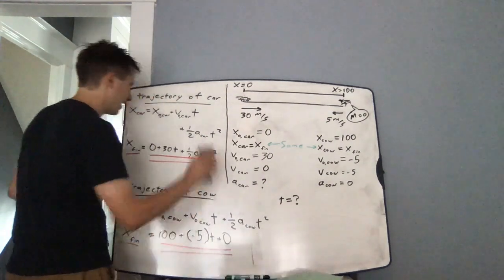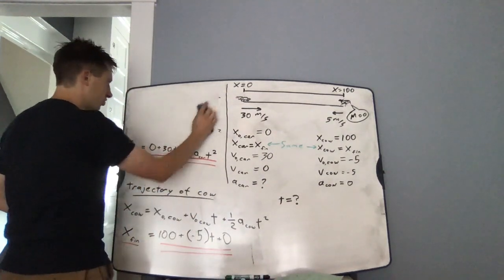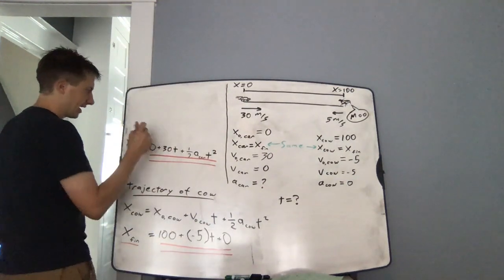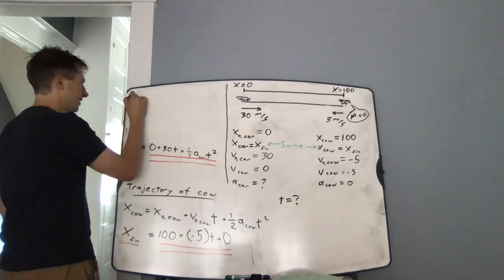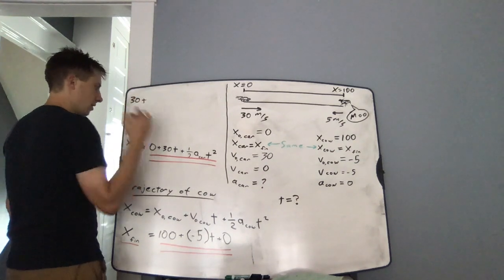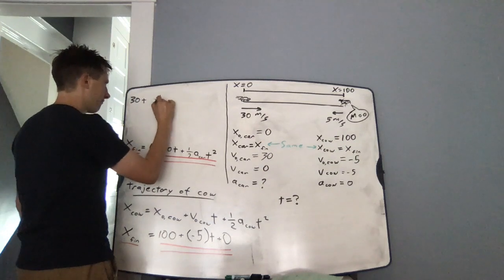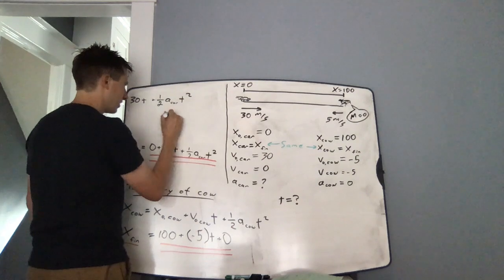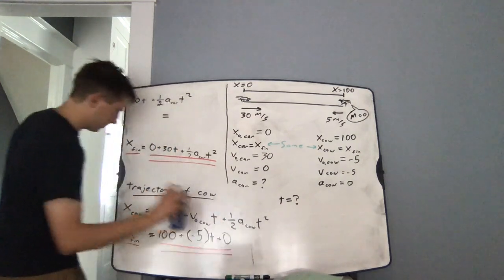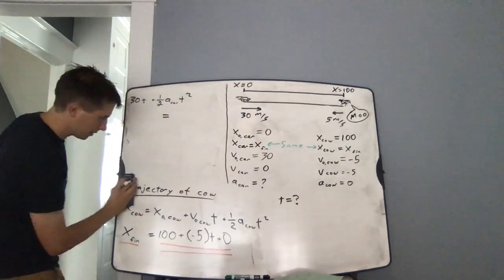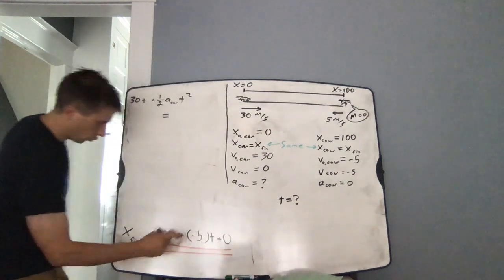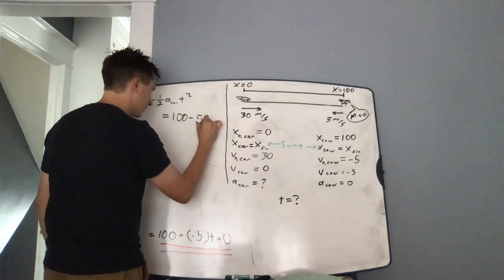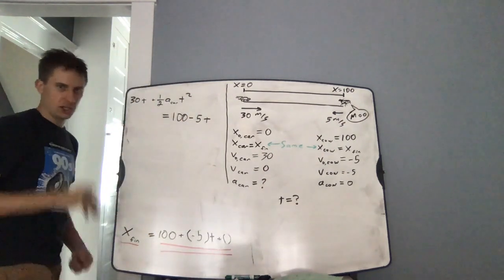So if I set the final position of the car equal to the final position of the cow, that's like saying 30t plus 1/2 a car t squared is equal to 100 minus 5t plus 0, which I didn't include.